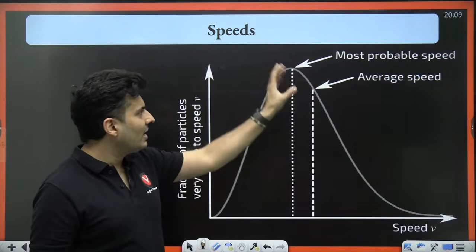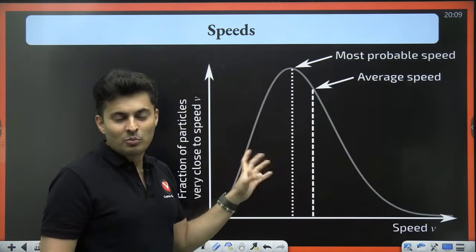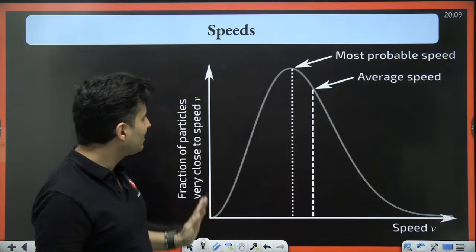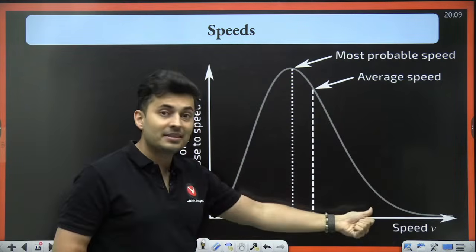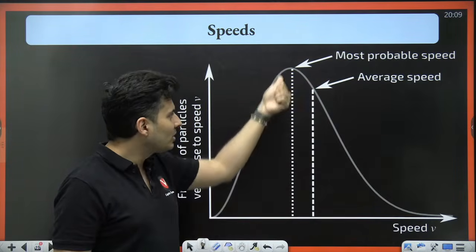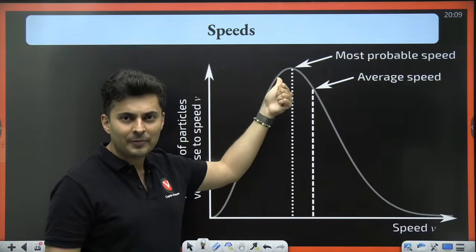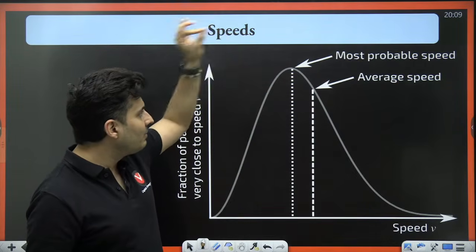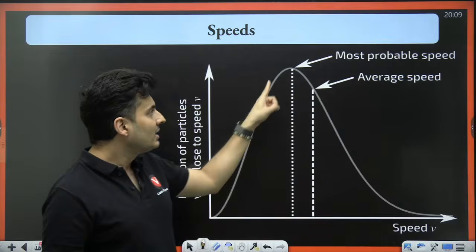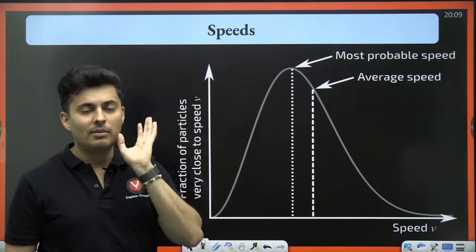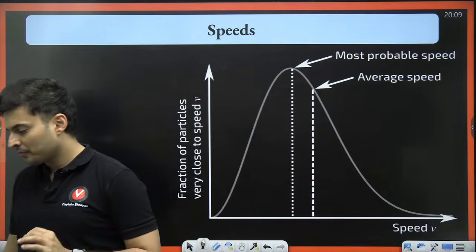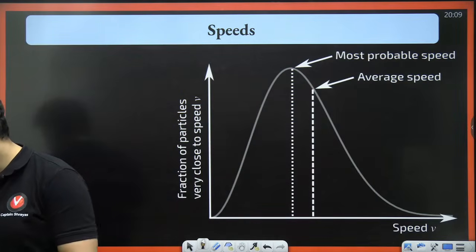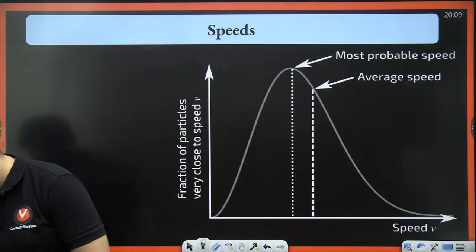Most of the molecules are around this speed because y-axis is how many number of molecules, x-axis is the speed. So most of the molecules will have a certain speed. That maximum number of molecules which have that speed, that is called as the most probable speed. Everybody clear about this? Most of the molecules will have certain particular speed.